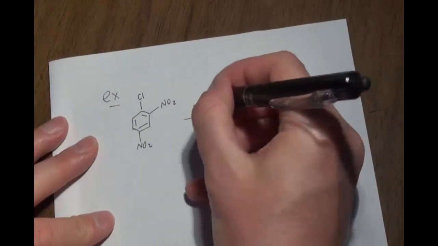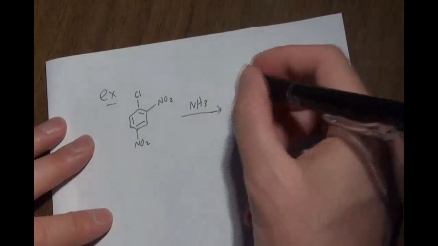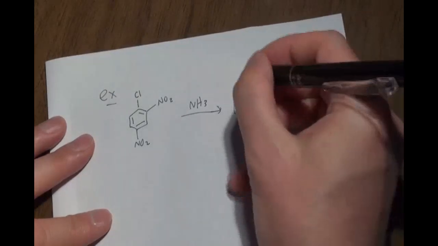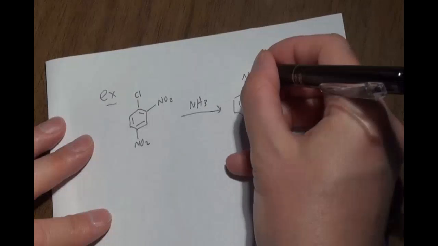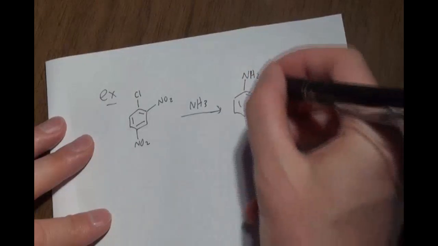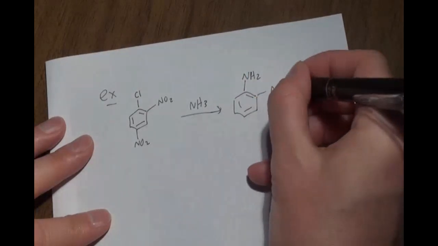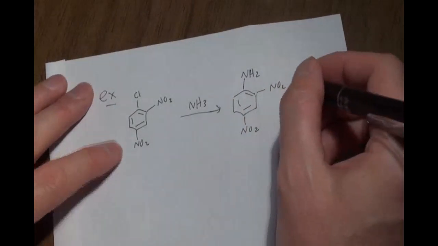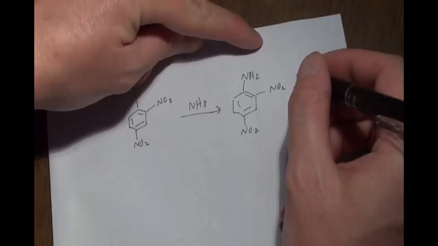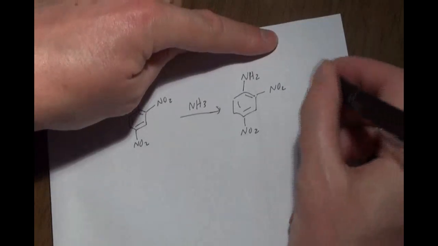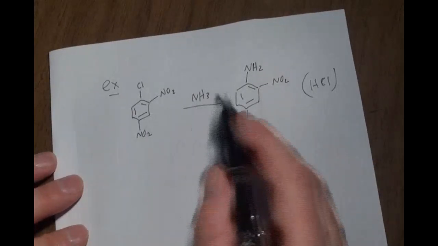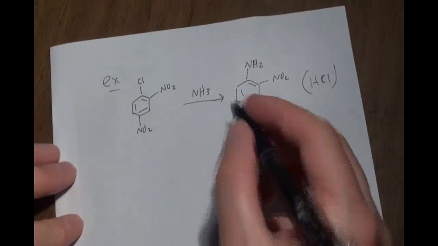We'll treat with ammonia as an example nucleophile to make an amine, or actually an aniline in this case. Of course you're making HCl as a byproduct. So that's an example of converting a chloride to an aniline.